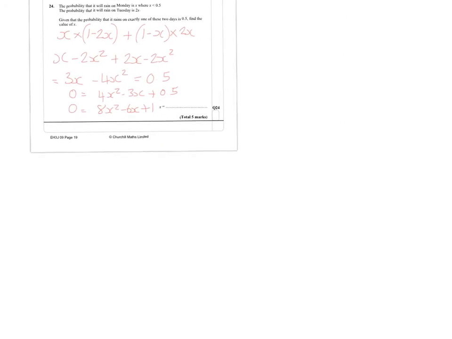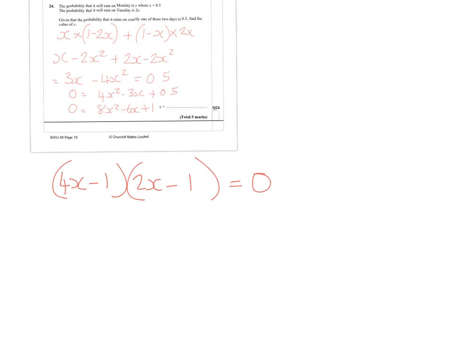I can factorise that second side. So that would give me 2 sets of brackets: 4x minus 1 and 2x minus 1 all equals 0. So that's 8x squared minus 6x plus 1 factorised.